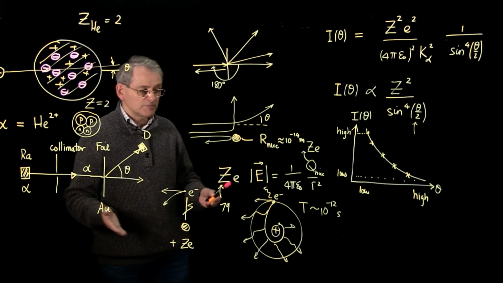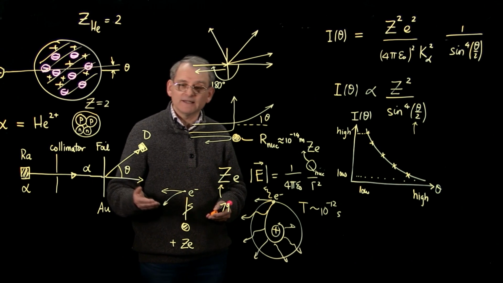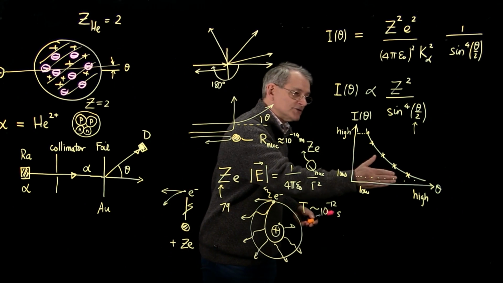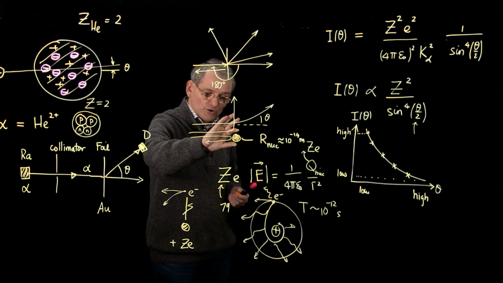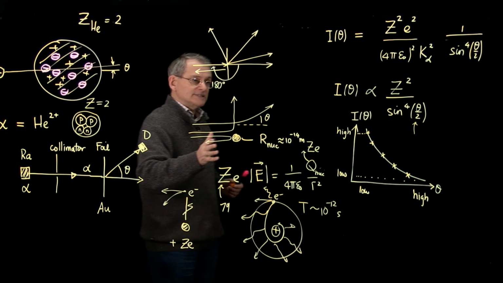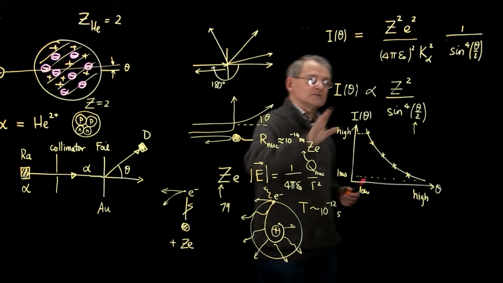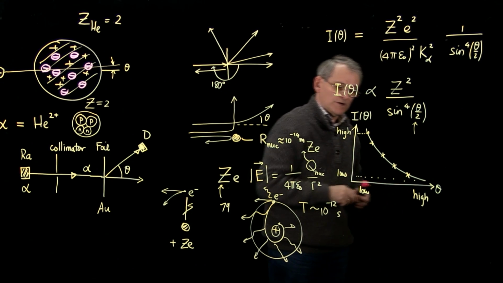It's just coming to the realization that in order to explain the observed results, you need to conjecture that the charge is positive and it's localized in a very small region of space. So he applied classical dynamics and classical electromagnetism to come up with this prediction, which fits the data very well.